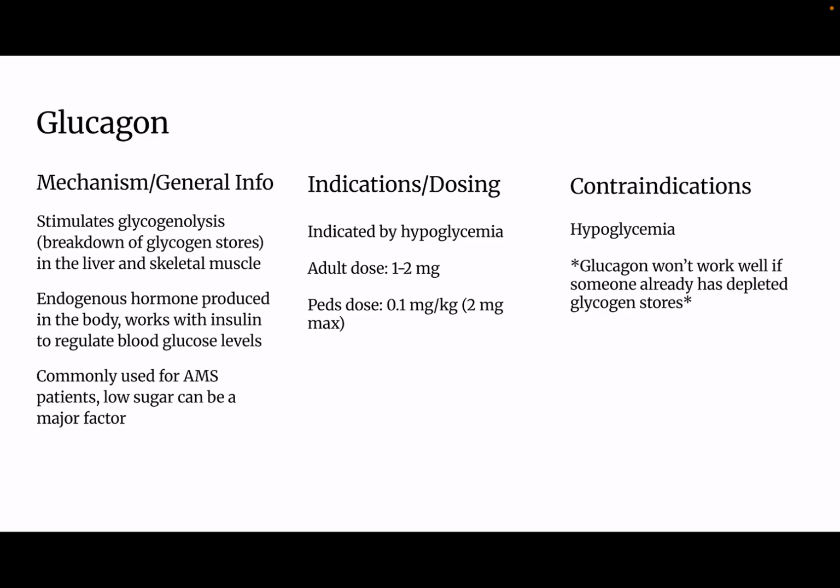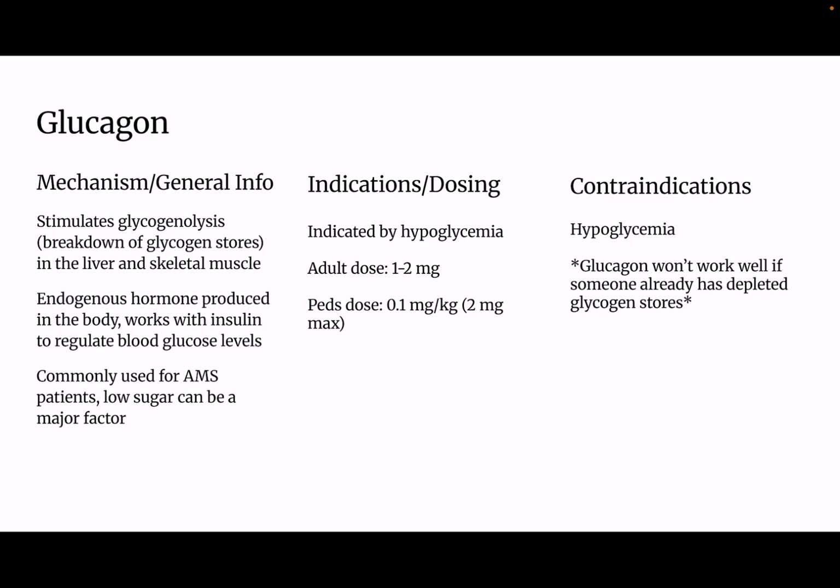Another point I wanted to make here is that sometimes you will not see a great response from glucagon, and that would be because somebody already has depleted glycogen stores. So if someone has had super excessive exercise or just hasn't eaten anything all day, or any other reason, and they have used all those glycogen stores to keep refueling their body, glucagon's not going to do anything because that's how it acts, by breaking down glycogen.